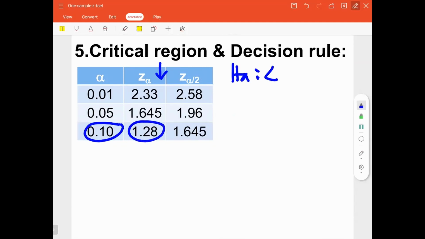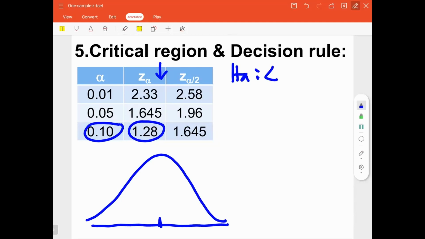Again, having the normal curve as our reference figure, that random variable z having that mean, which is equal to 0. Now this is less than, so meaning to say the critical region is located at the left tail of the distribution. So that shaded area there measuring 0.10, and this will be this critical value, which is z, which is negative 1.28.